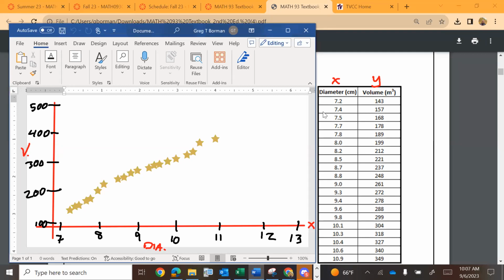So let's go over here on the right. Okay, so the slope between the smallest and the largest. That's going to be this point there, the smallest, and this point here, the largest. So the slope formula is the difference of the y values.